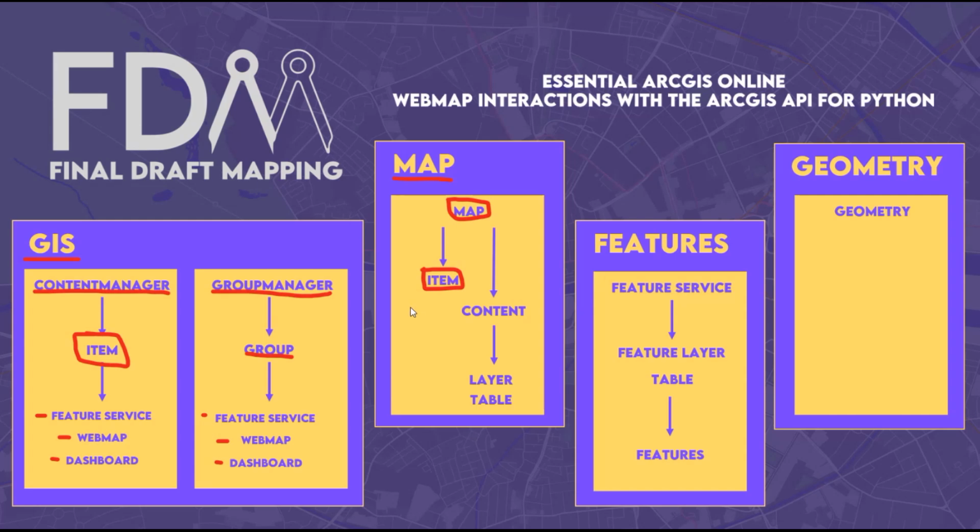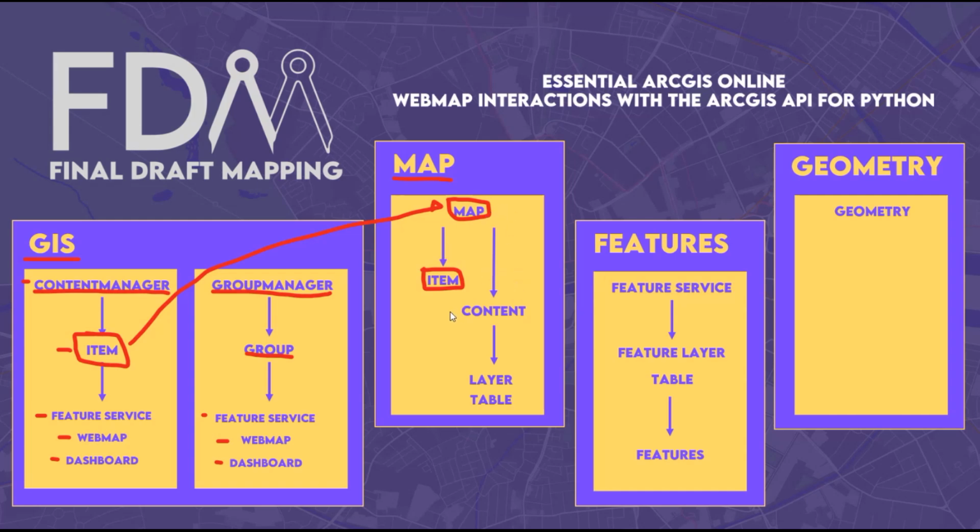Once our web map item is saved, in future workflows we will use the Content Manager to access that web map item object, and we can either directly manipulate the JSON of that item object, or we can convert it to a map object and use the map class functionality for our automated workflows.